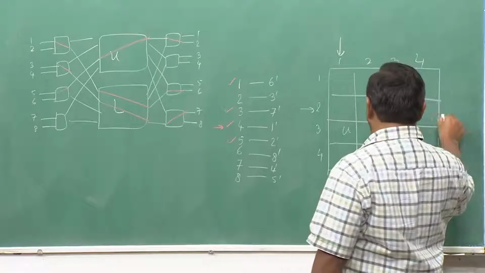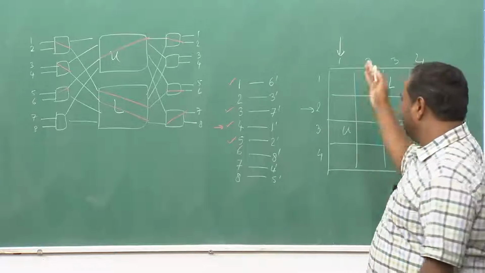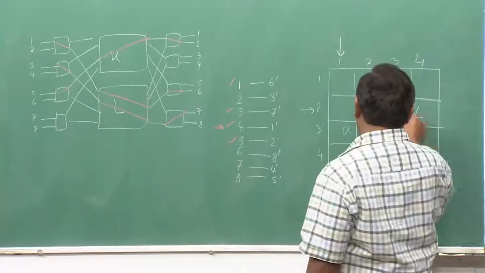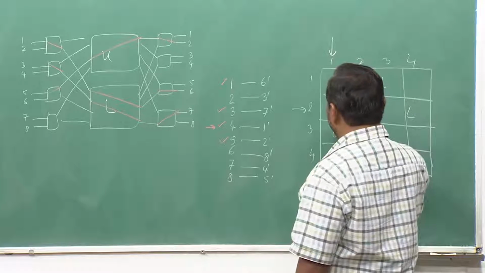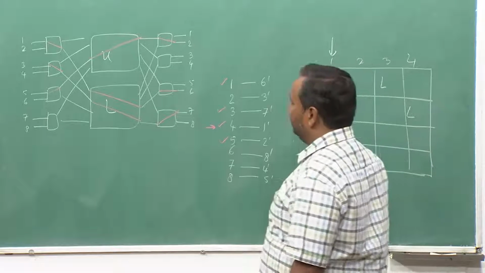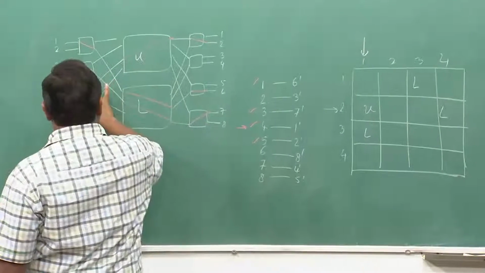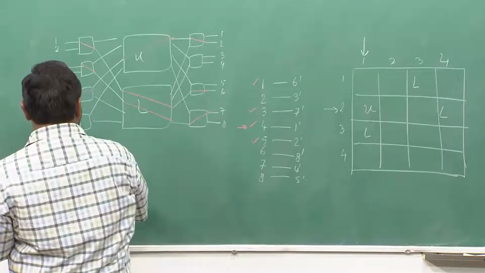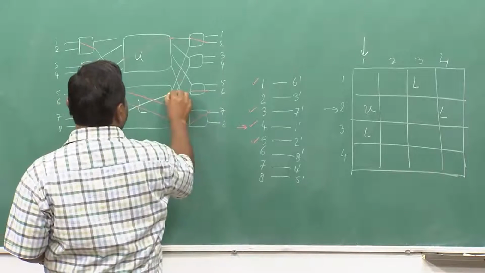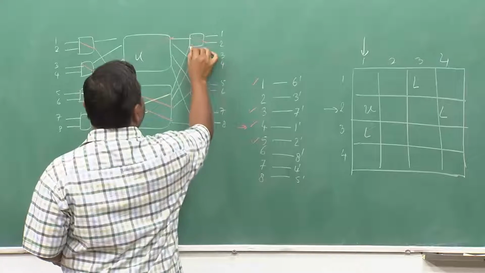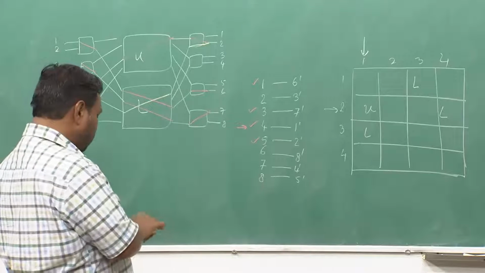But look at this row, L is there and U is there, you can't do anything. So, you have to again do the chain search. The chain will end here, the chain will end here. So, I just have to take one of them and make it L and make it U. So, 5 to 3, instead of taking from the top, I will take it from the bottom.